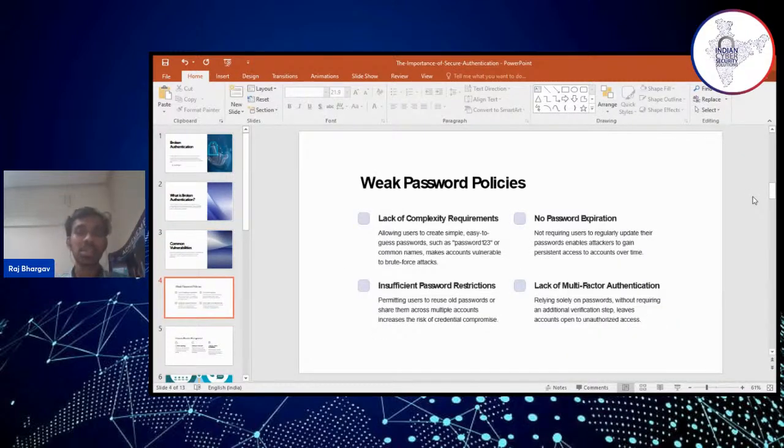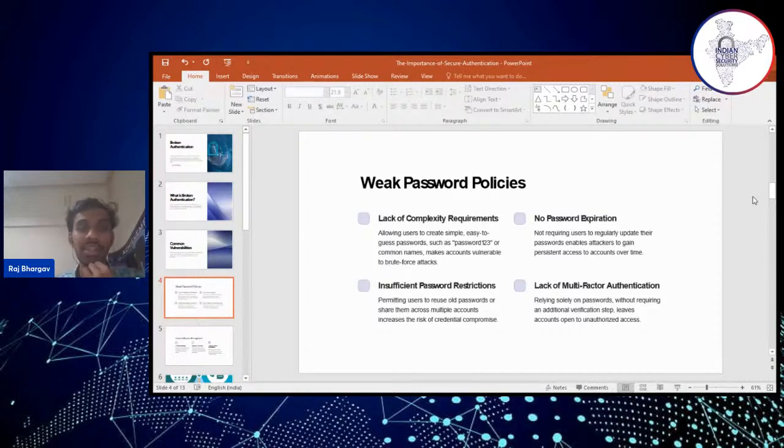What causes this? If weak password policies are there, then broken authentication will come in, such as a lack of complexity requirements. If you just give the password 123, it may be easily detected.